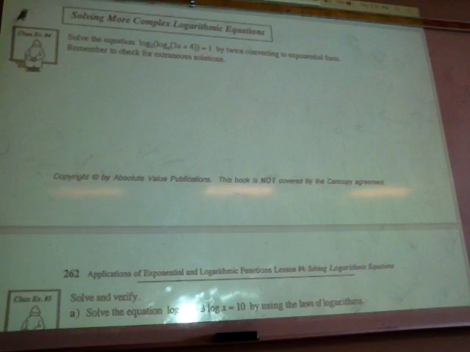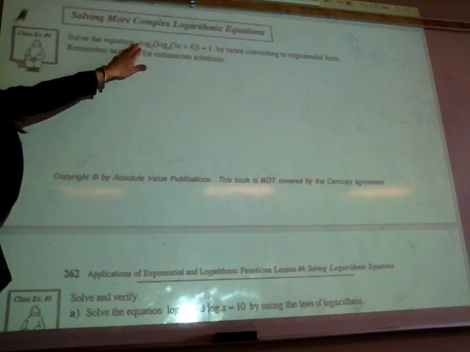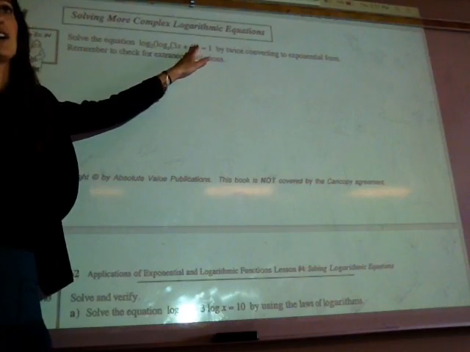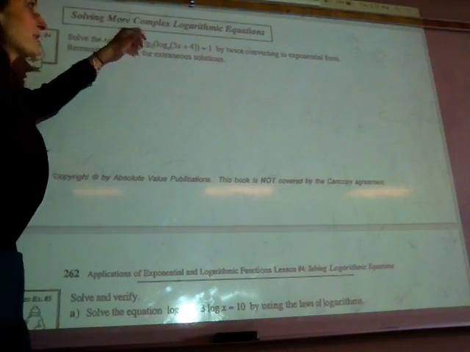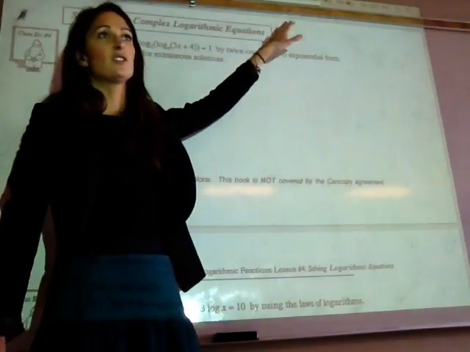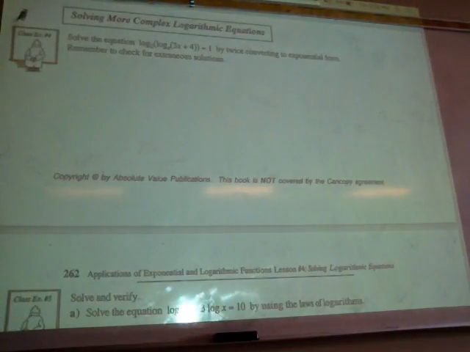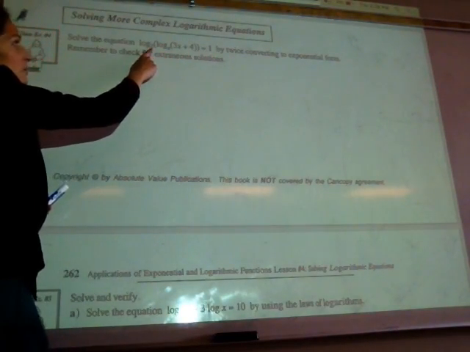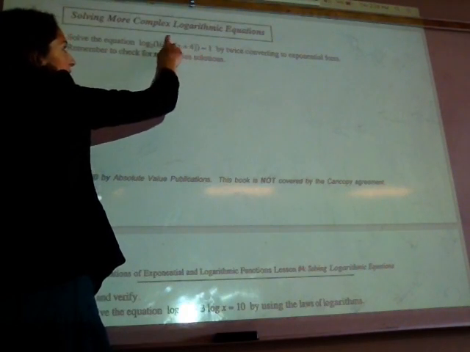Alright, so to solve a question like this, where we have a logarithm with a base to an argument that also has a logarithm, what we have to do is convert 2 times into exponential form. Okay, so looking at this logarithm to start, we have our base 2 to the power of 1 equals your argument.